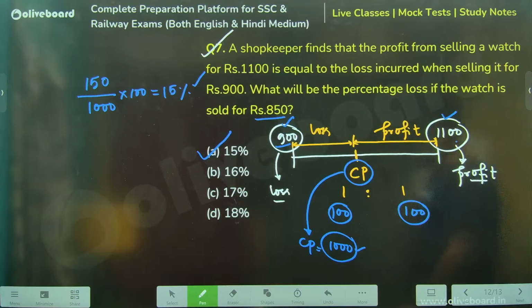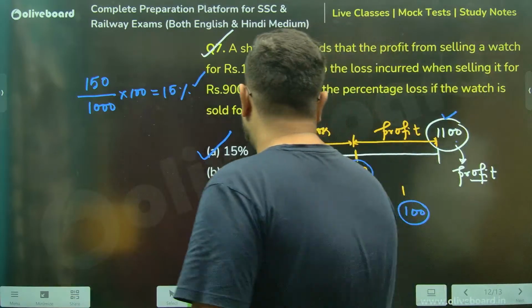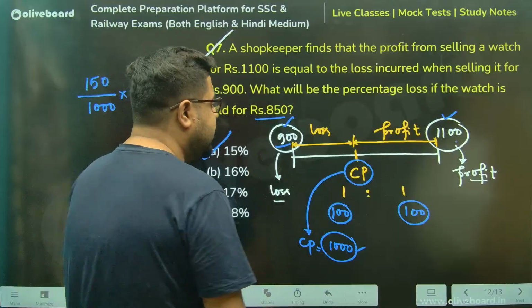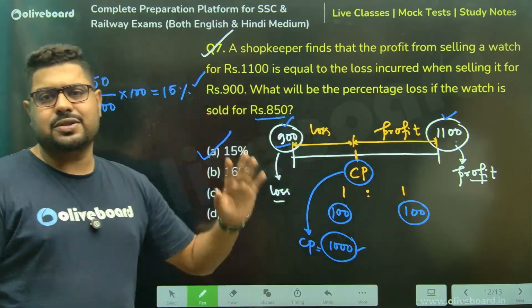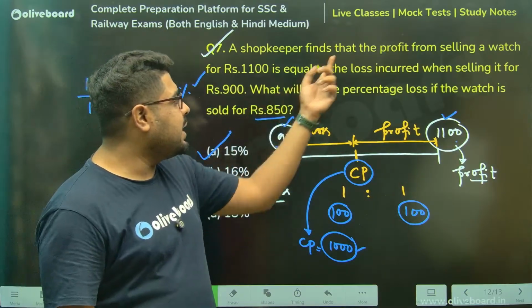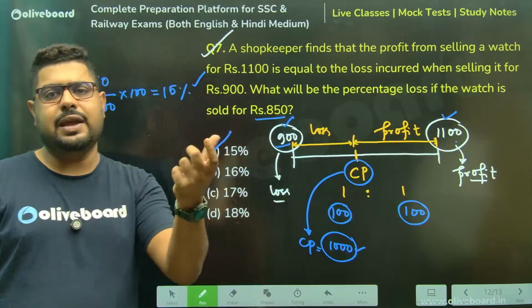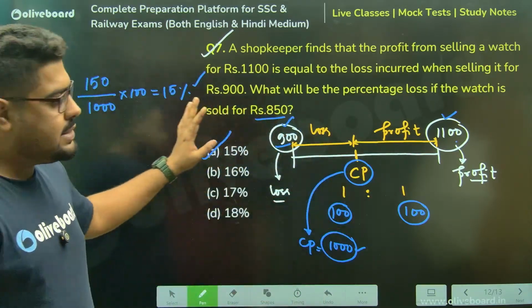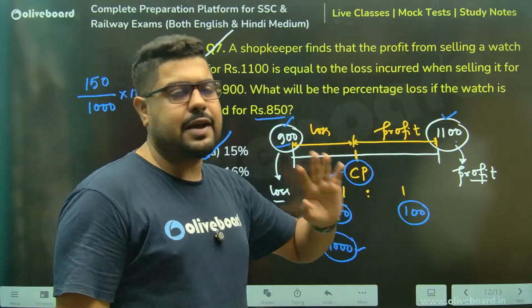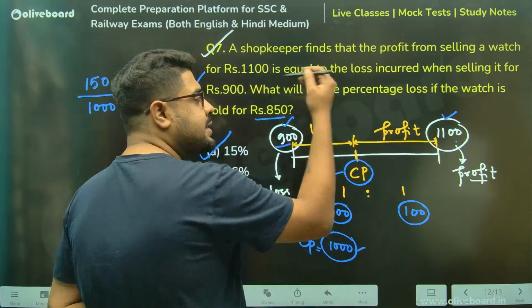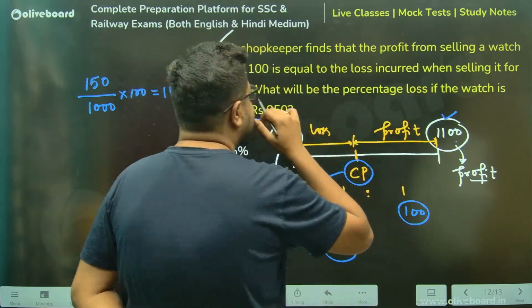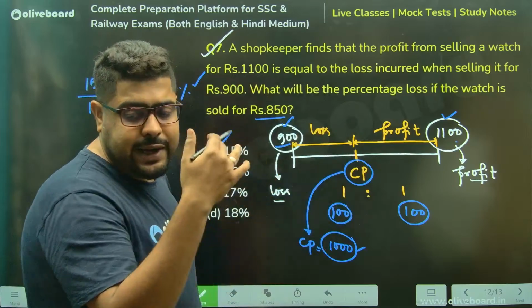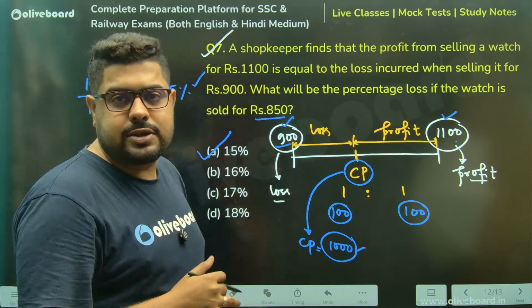Now, please understand one simple thing. This question we could have solved without taking ratios, because just by looking, 900 and 1100 equal, meaning the midpoint will be the CP. But please understand, this technique I've shown because they have asked questions in previous years where the profit is 20% more than the loss.